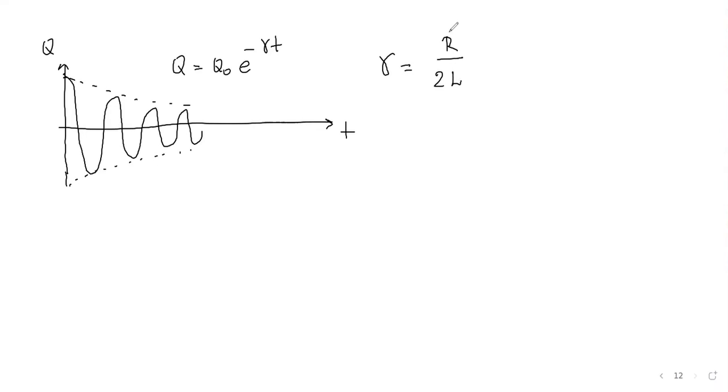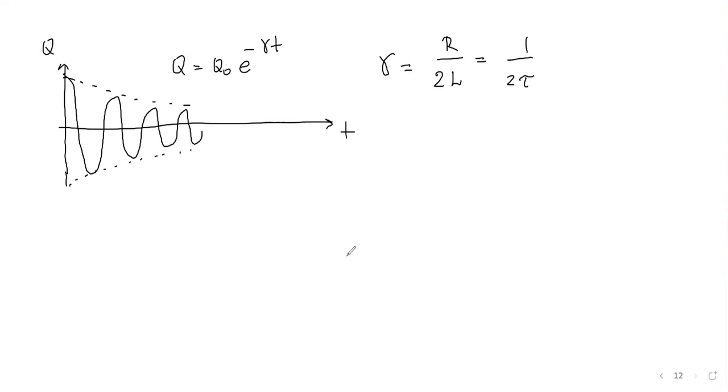This is the same time constant as we use for RL circuits. 1 over 2 tau. L over R, that was the time constant. So then the typical time of decaying would be double tau.